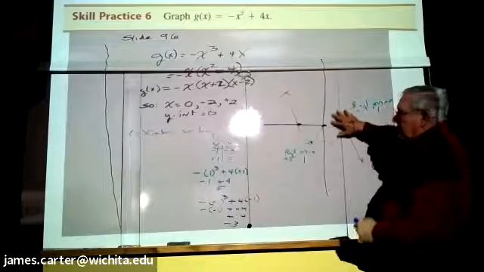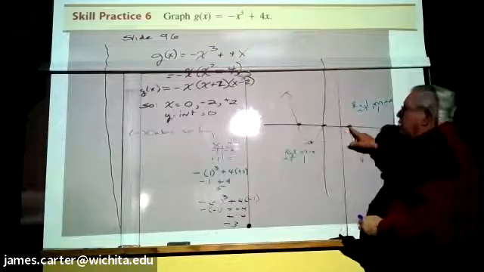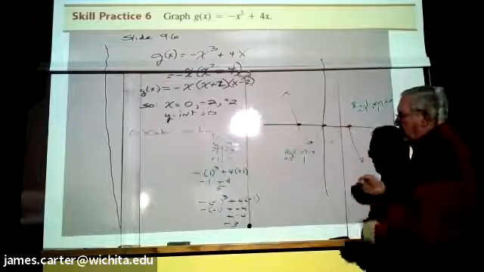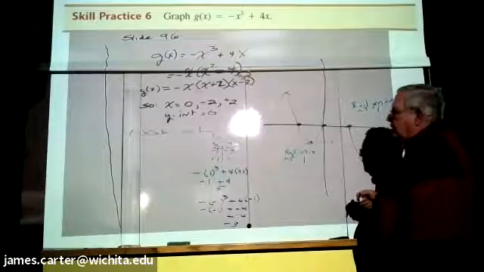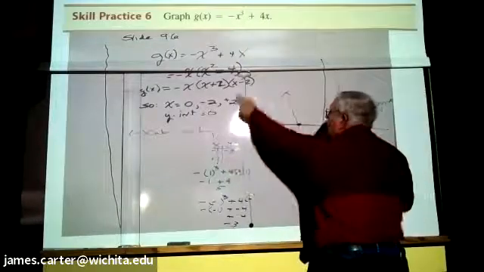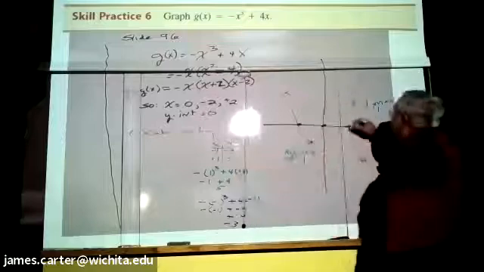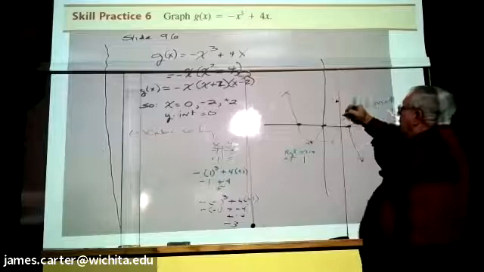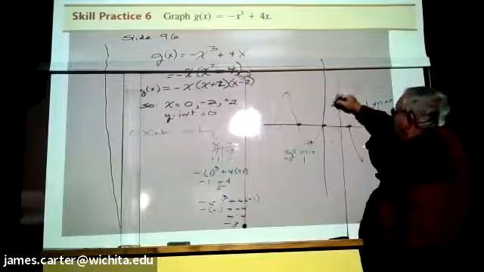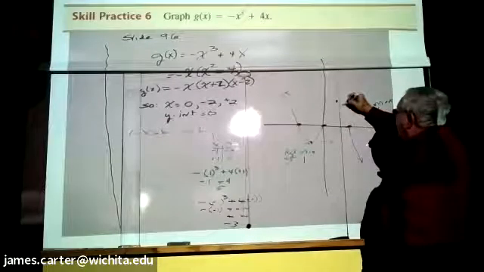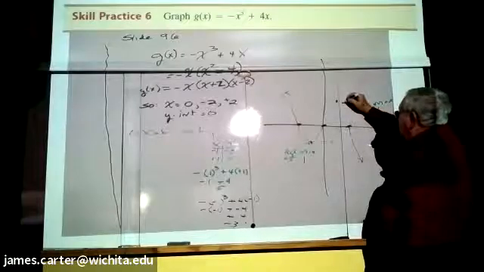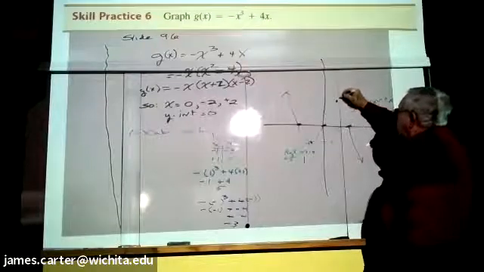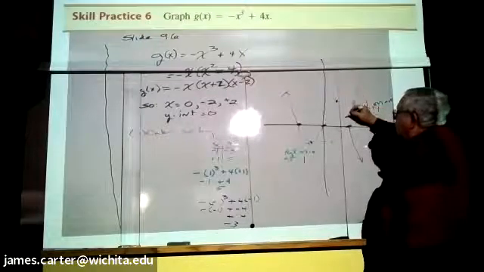What about on this side? Well, if this is 1 and that's 2, I'm going to try +1. So if I put +1 in here into the equation, I get y equals 3 here. Now, to be more accurate, I could try 1/2 and I could try 2.5 or 1.5 and see where this thing actually turns.